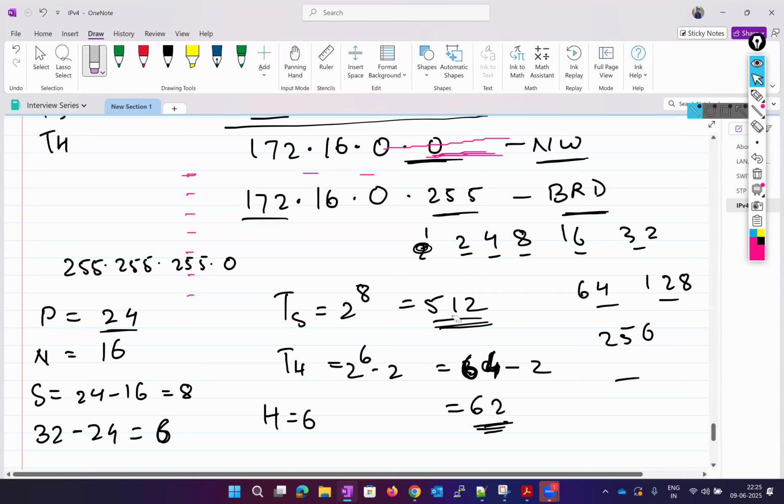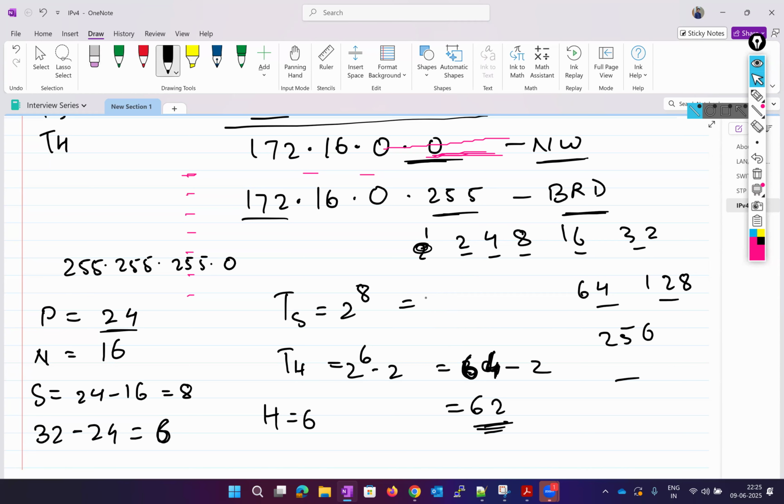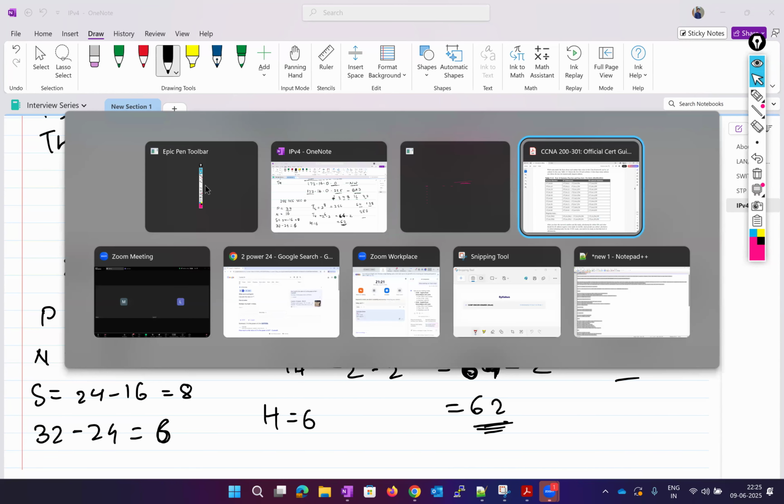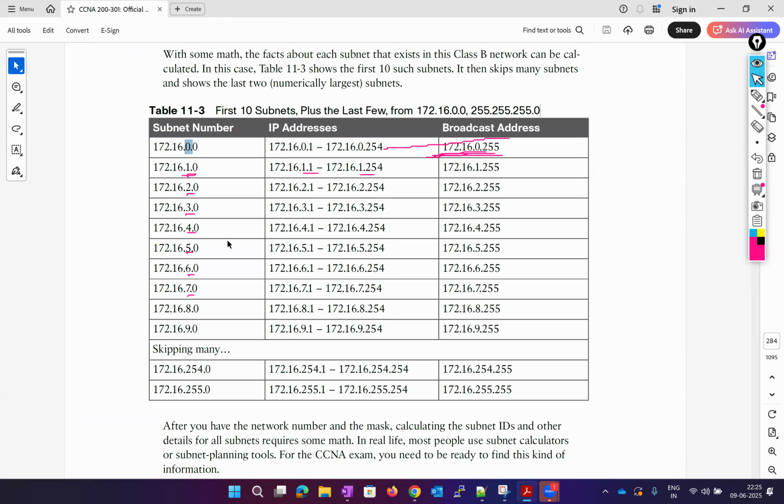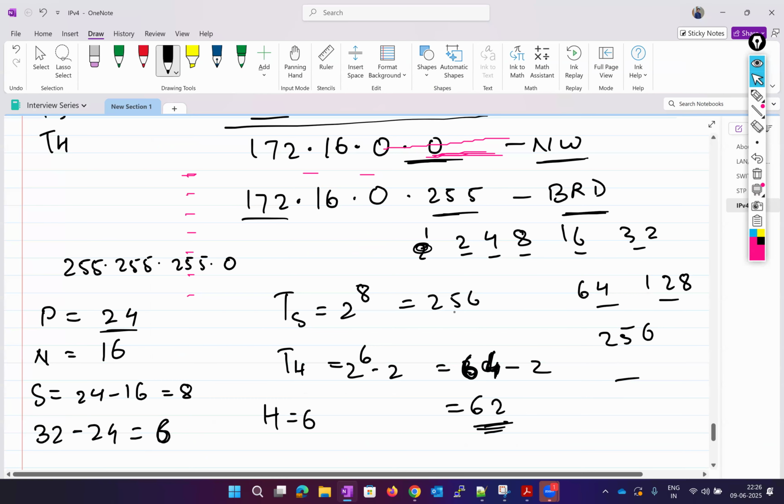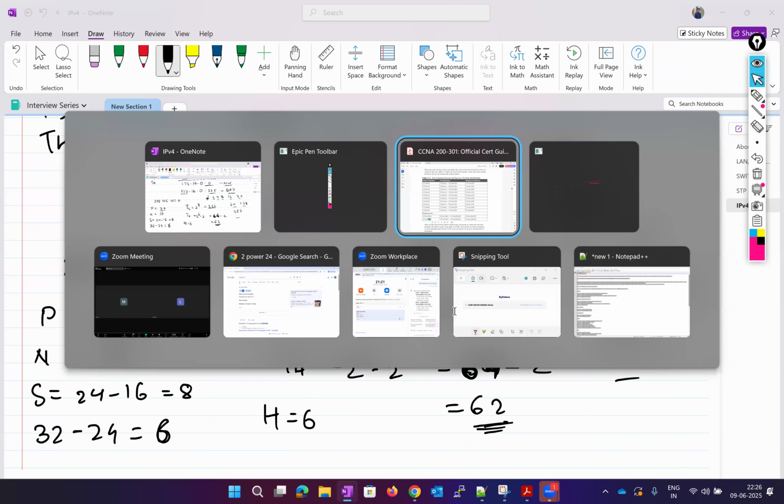Again, sorry, my bad. Yes, sir, 256. All right. So starting from 0 and ending at 255, how many subnets do we have? 256 subnets.